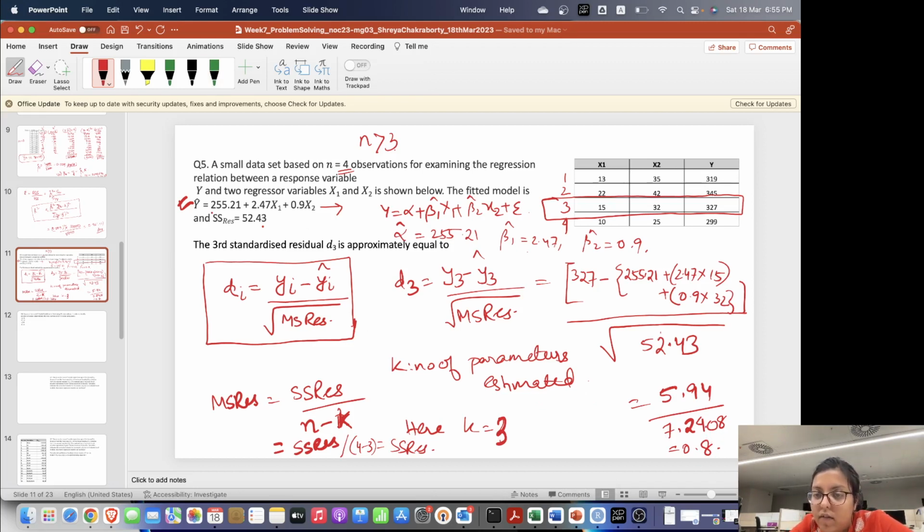For this fitting we don't need any distributional assumption, but for carrying out testing we assume that the error or residuals are normally distributed.